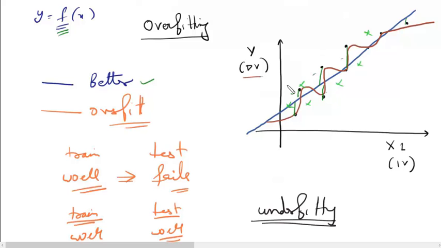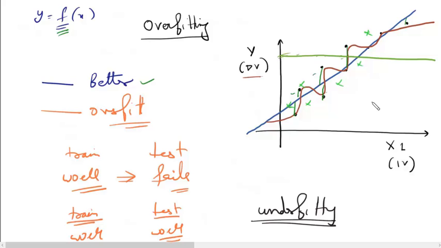This is a regression problem, so the baseline model would always predict the average of the dependent variable. If I draw the equation of the baseline model in this case, it would look something like this. No matter what values of x1 you give, a baseline model will always predict the average of the dependent variable.